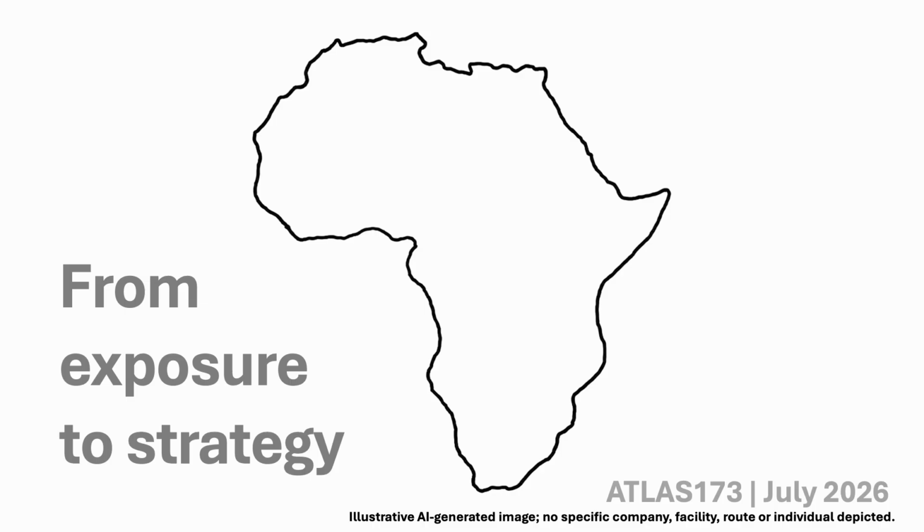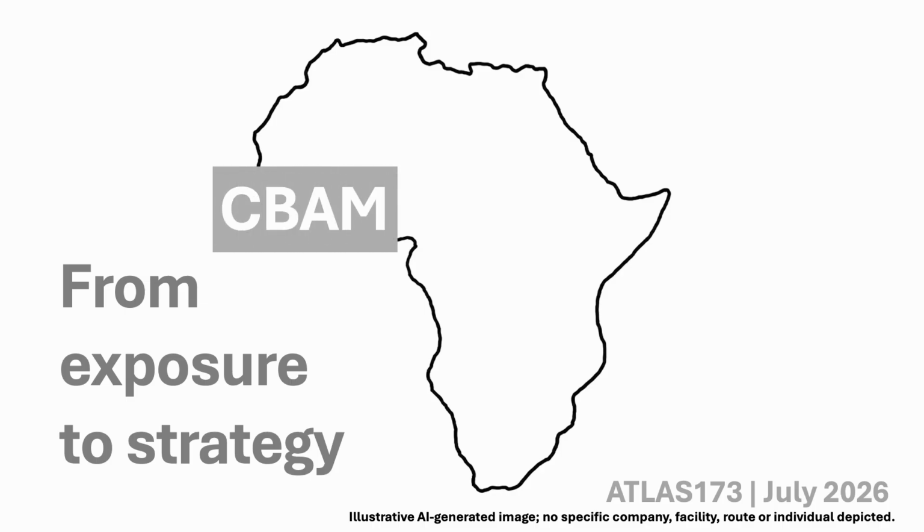So this leads us to the next question. African countries need more than exemptions or temporary assistance. They need credible carbon measurement systems. They need cleaner electricity, industrial decarbonization financing, and a stronger negotiating capacity. Regional trade, which is starting through the African Continental Free Trade Area, could reduce excessive dependence on individual external markets like the European Union.